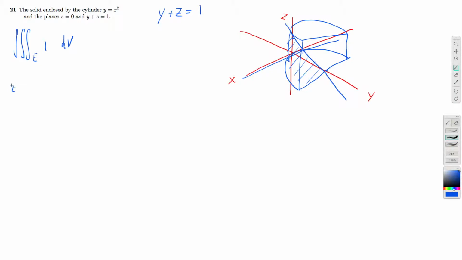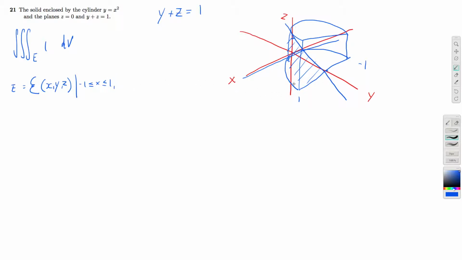Alright, so what's E equal to, with respect to X, Y, and Z? Well, X is going to be equal to, this is 1, and this is -1. So -1 less than or equal to X, less than or equal to 1.